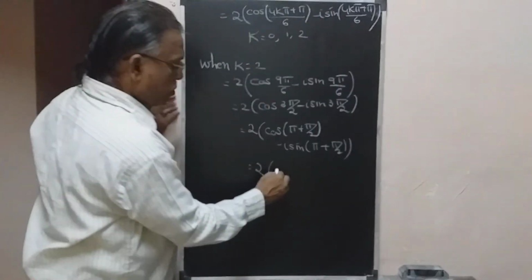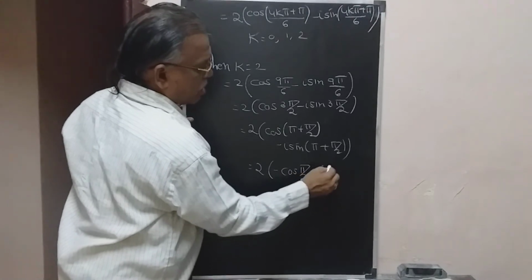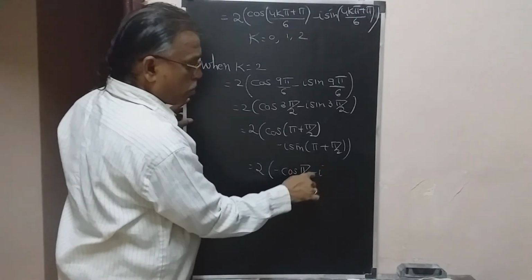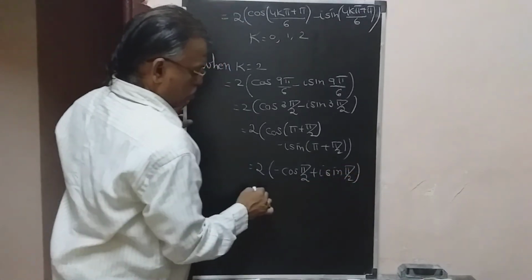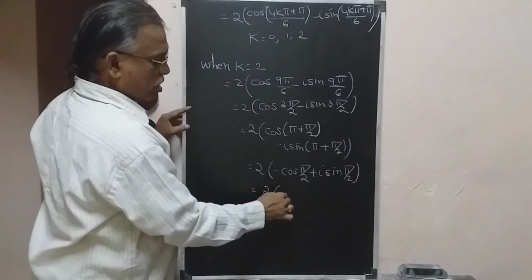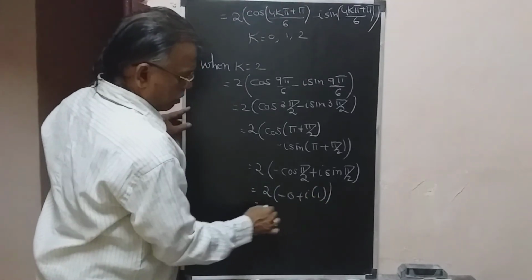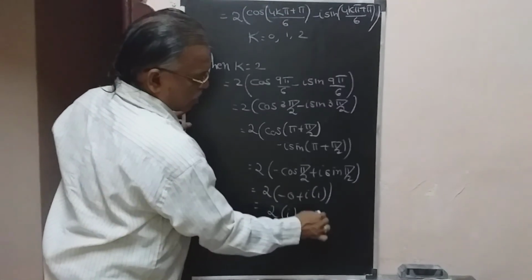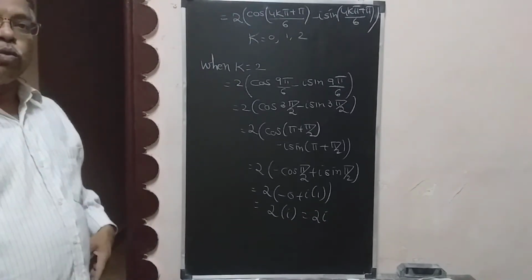Third quadrant cos negative or positive? Negative. So minus cos pi by 2 minus I into, this is also negative. So minus and minus plus, sin pi by 2. So 2 into, this is minus 0 plus I into 1. So this is nothing but 2 into I. Answer is 2I. So all the three values we got.